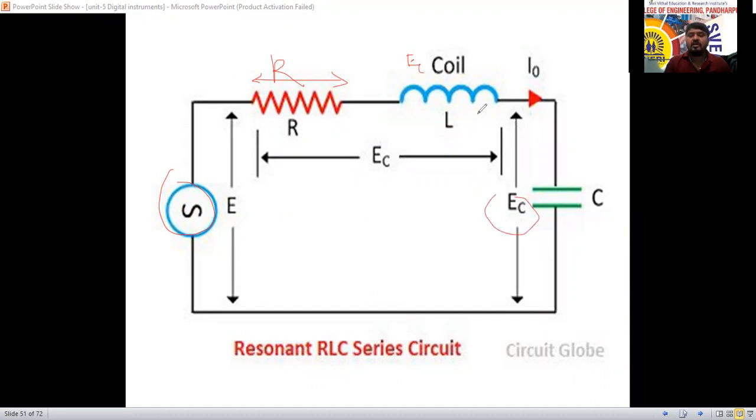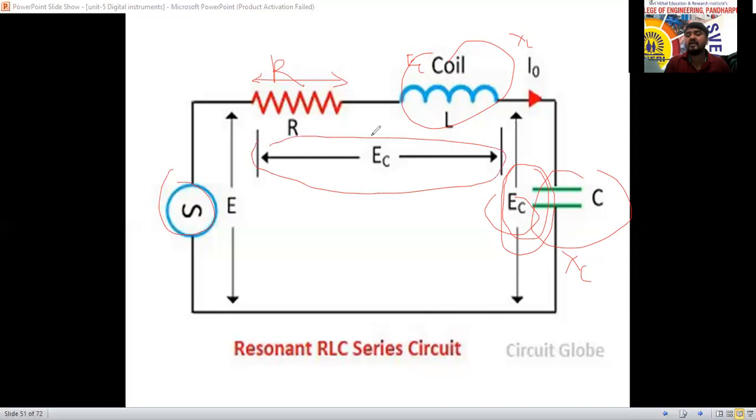If the inductive reactance XL equals XC, that is resonance. For that reason, the voltage drop across the capacitor is equal to the voltage drop across the resistance and inductance. If the voltage drop across these two is the same, then resonance has occurred. This is the resonance circuit.